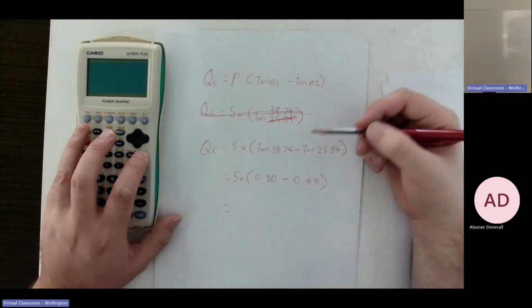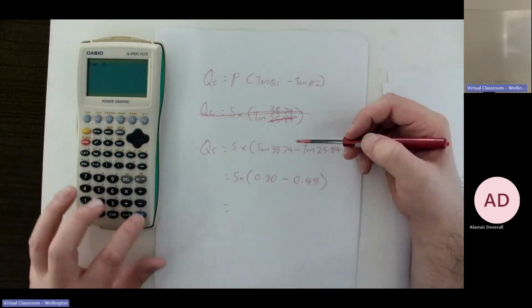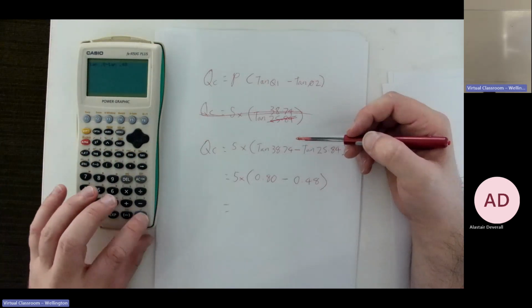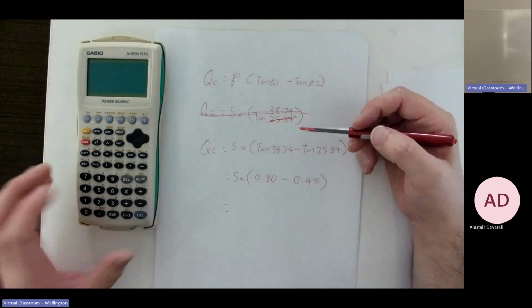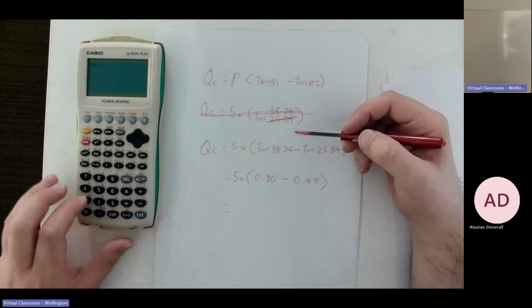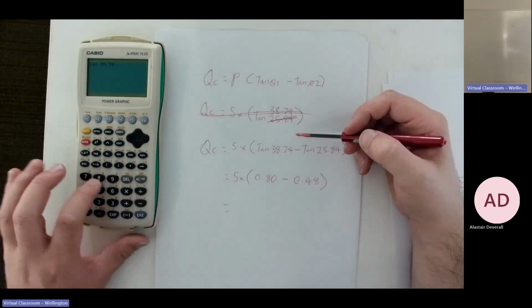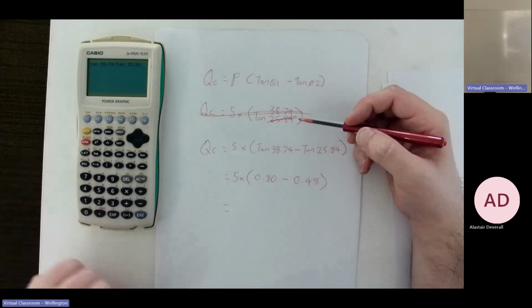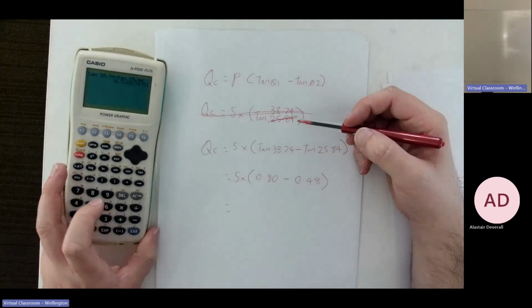So you can put it straight in your calculator: tan 38.74 minus tan 25.84, and we get 0.318.